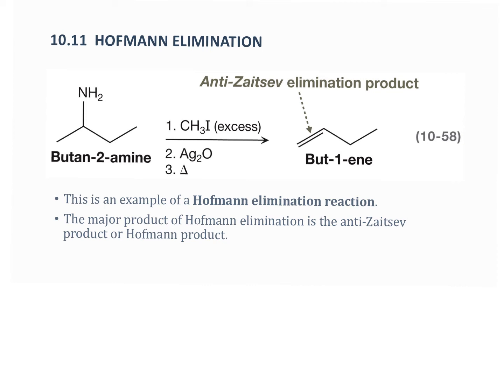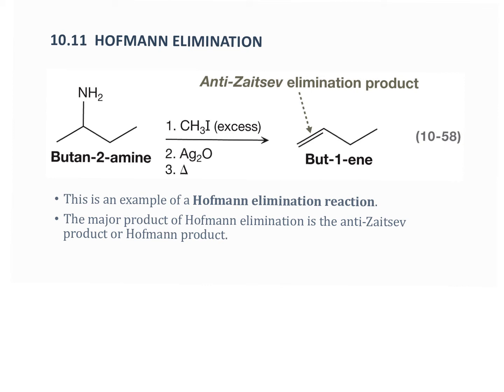The first is that we know that amino groups are terrible leaving groups and don't participate as substrates in elimination reactions. And the major product here is a terminal alkene, which is the less stable, or the less alkyl substituted, of the two possible elimination products.